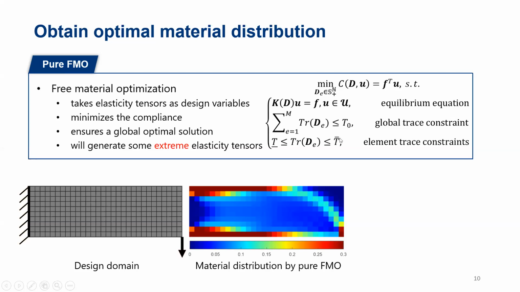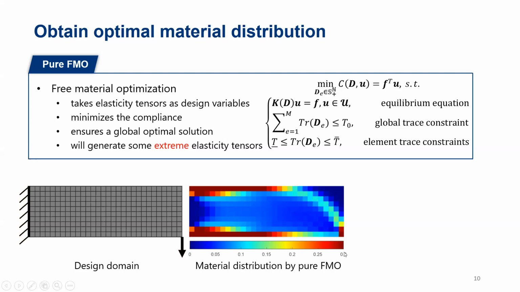The trace of elastic tensors denotes the cost of the elemental material. The global trace constraint restricts the overall amount of materials distributed in the structure. And the finally derived solution can be considered as an ultimately best material distribution among all possible elastic continua.